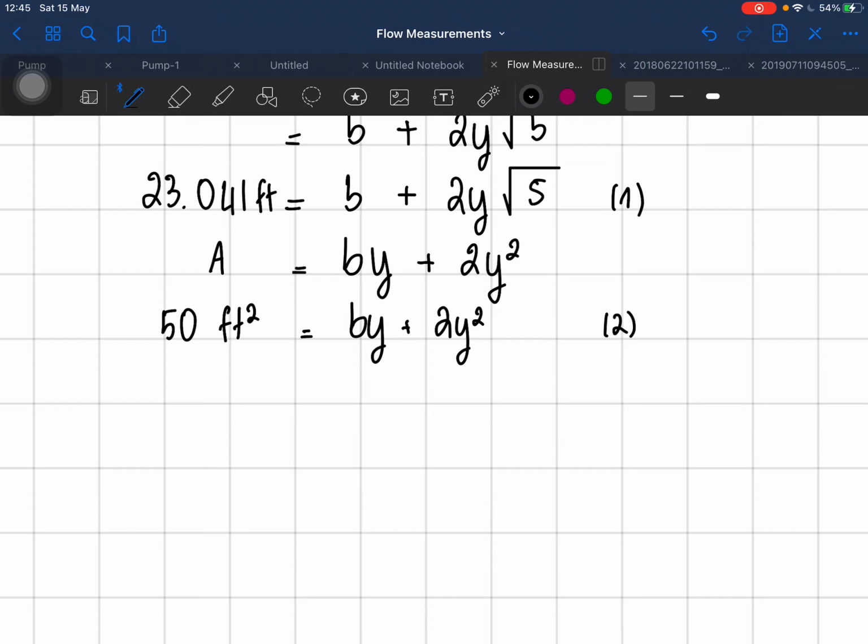Fifty equals x times y plus 2y squared. Solve.